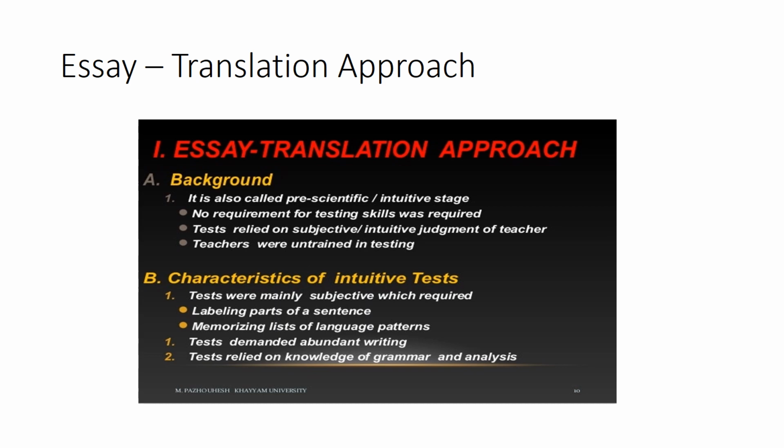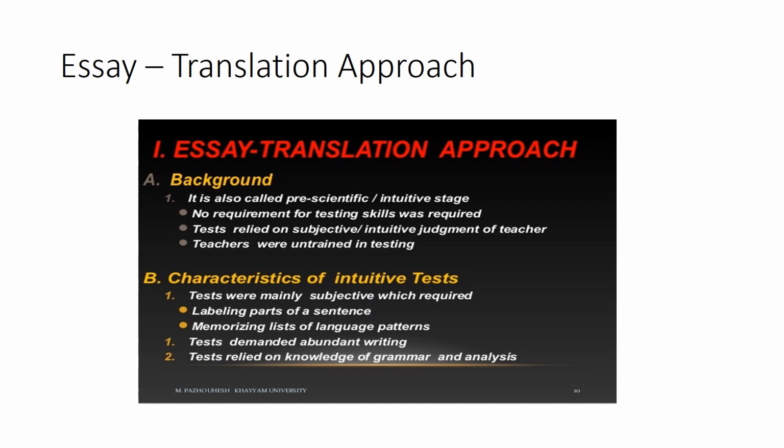The characteristics of the intuitive test: the tests were mainly subjective, as we said. As for the formats used at that time, they only asked students to label the parts of the sentence, analyze the patterns of sentences, and memorize lists of language patterns and lexical items.